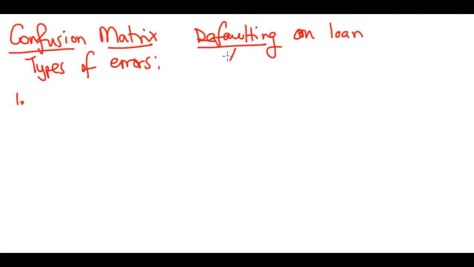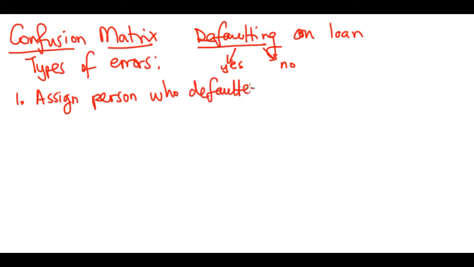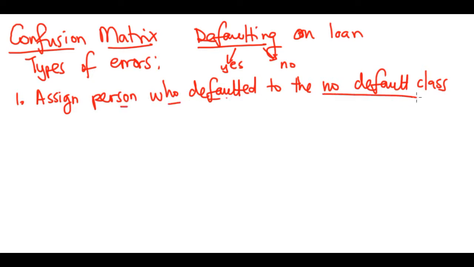It's either a person is going to default or a person is not going to default, yes or no. So error number one is when you assign a person who defaulted to the no default class. This person has defaulted, but we assigned them to the no default class. We made a mistake there.